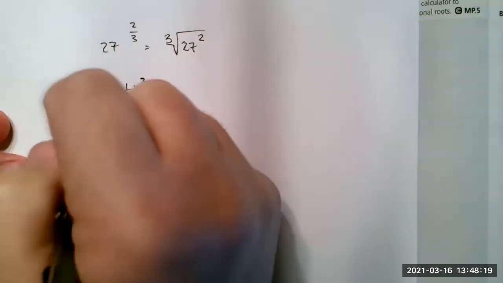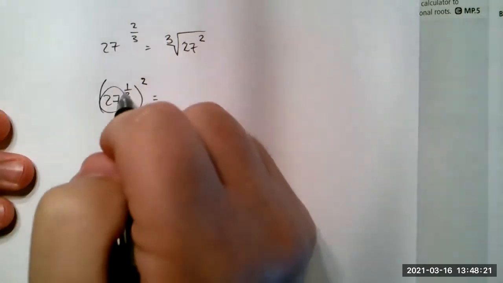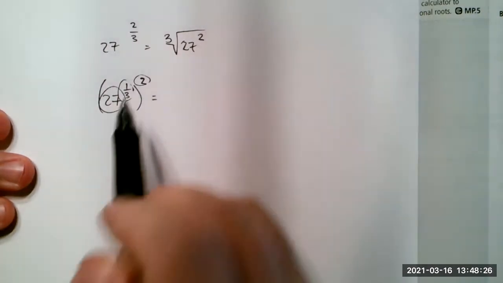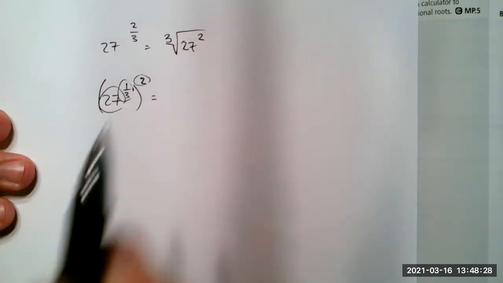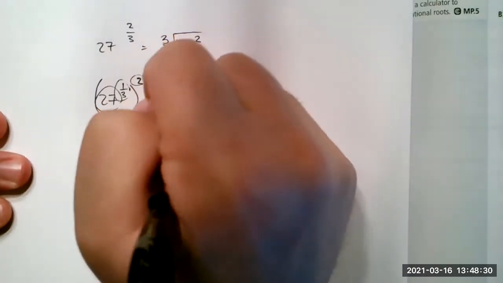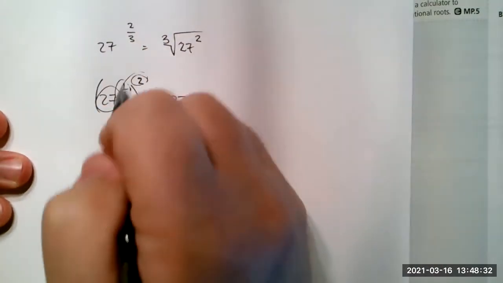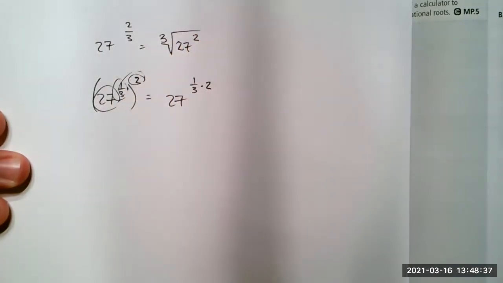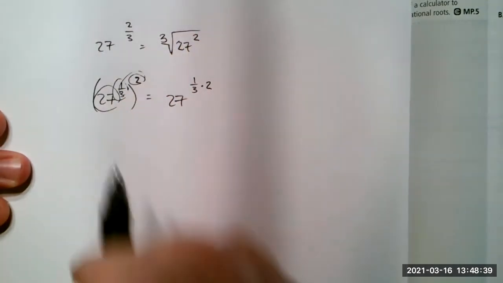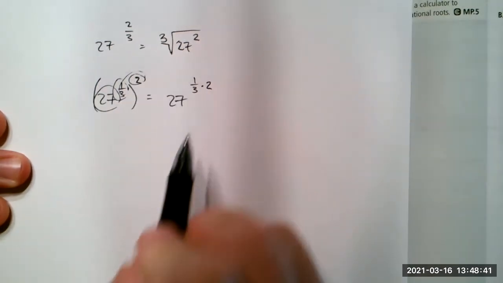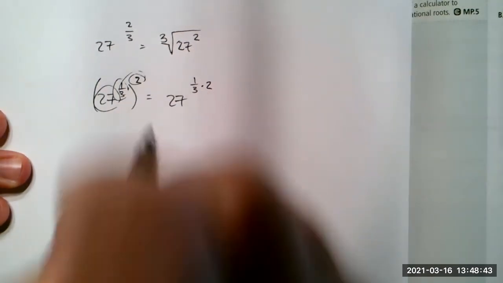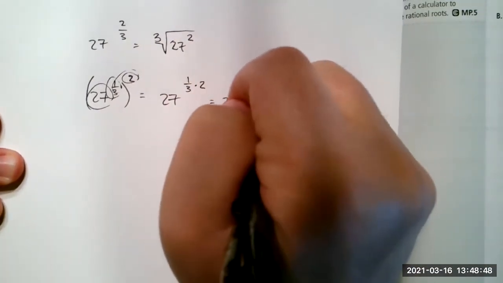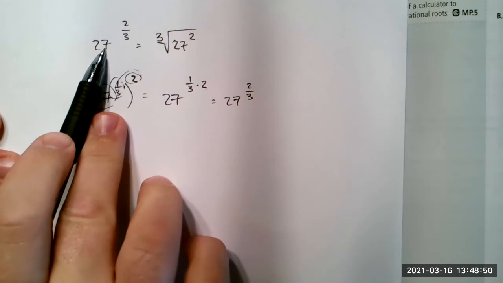What happens when I have something being raised to a power and then being raised to another power, hence the power to a power rule? All I'm doing is taking that base and multiplying those exponents. 1/3 times 2. Okay, so power to a power, the relationship is I'm just multiplying those exponents. 1/3 times 2 is the same thing as 2/3, which is what we started with.